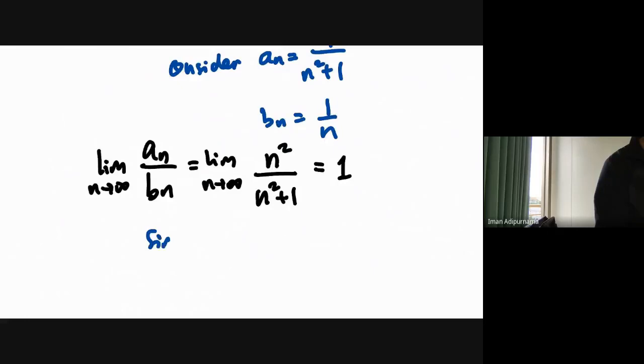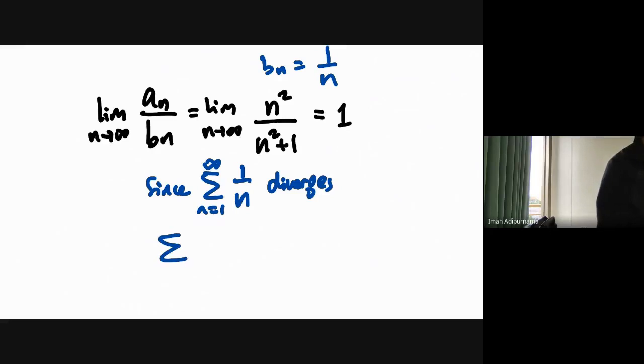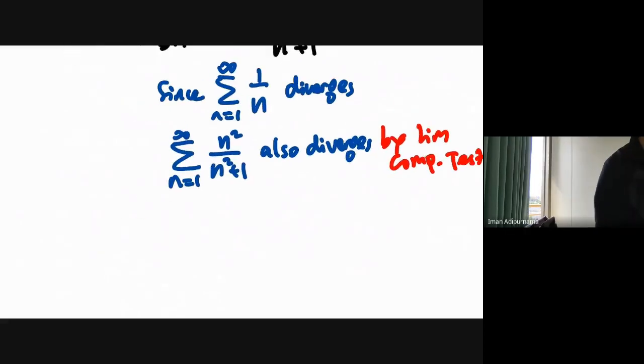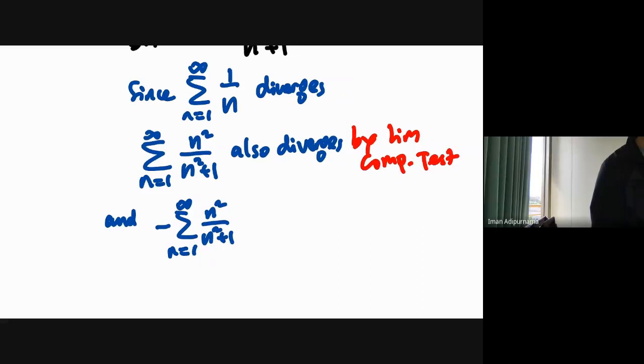And then since the series of 1 over n diverges, this also diverges by the limit comparison test. And the negative also diverges, since the whole thing in the positive one diverges.